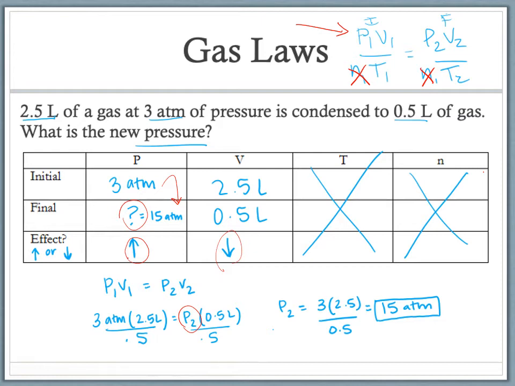But because all of them are combined on your equation sheet, what you have to do is just ignore whichever one you're not using in the moment. So for this one, we weren't using temperature, and that's how we got the formula, just P1V1 equals P2V2.